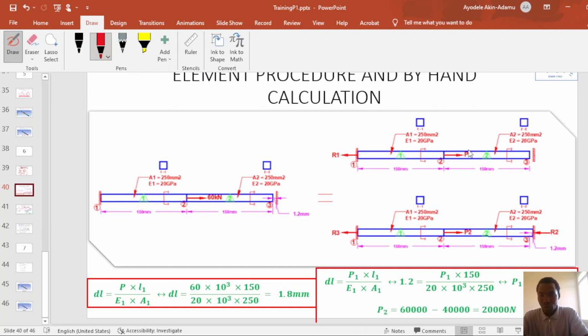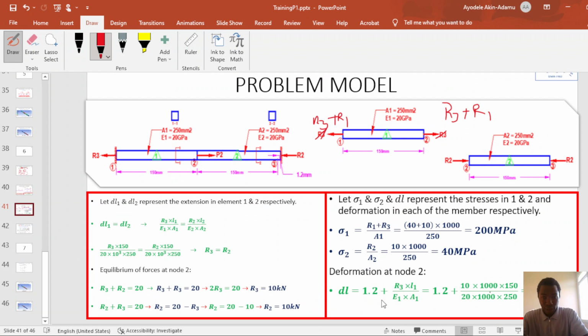And the deformation due to P1 load is equivalent to 1.2 mm. We know that. But the deformation due to P2 load, we don't know that, but we can calculate it since we know the value of P2, which is what I did here.